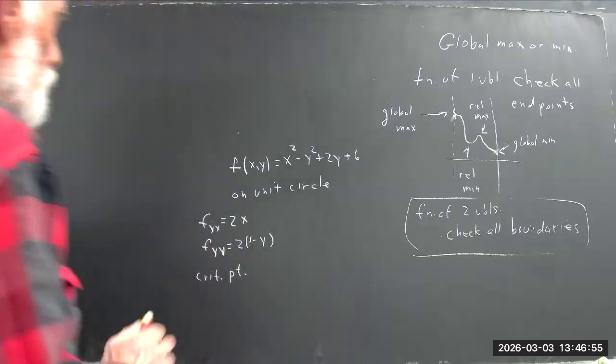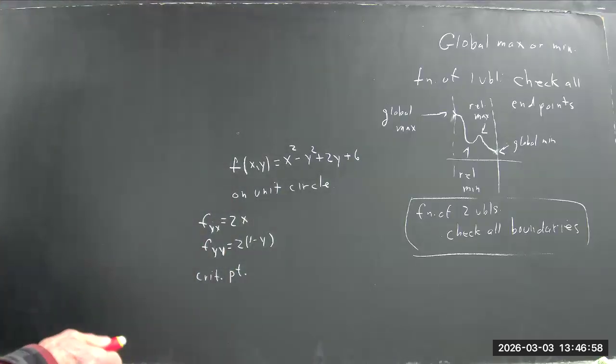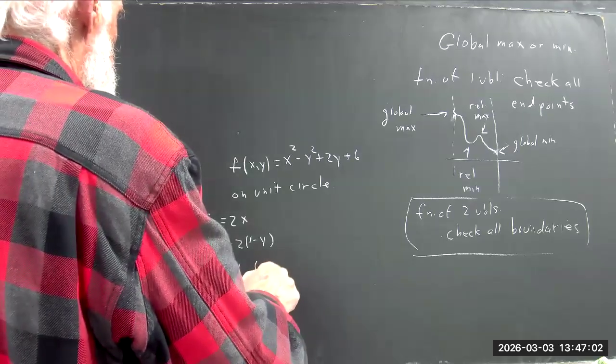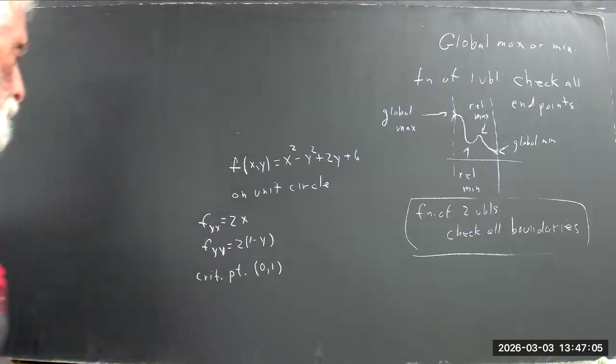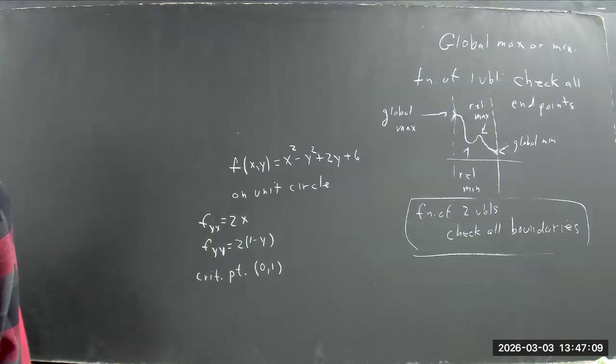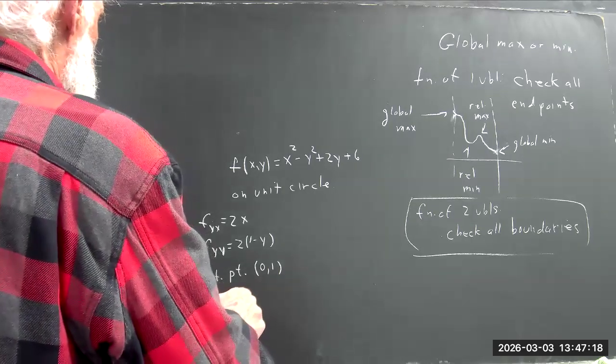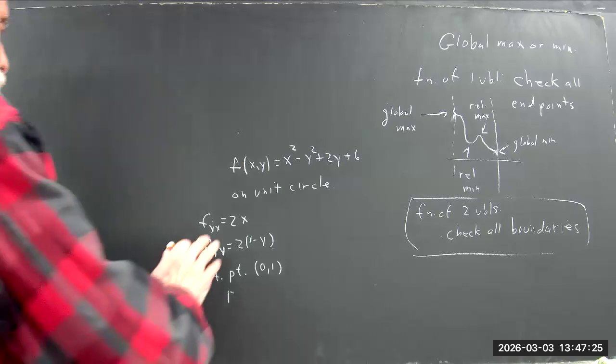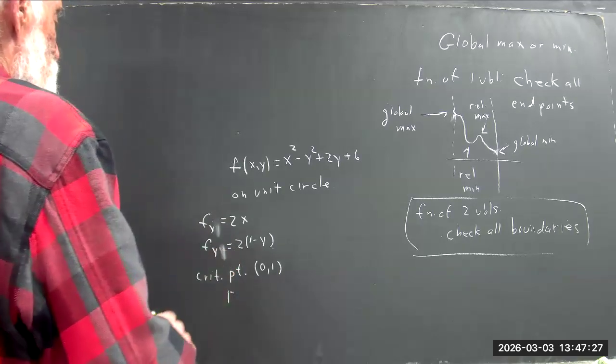You have a critical point when f_x and f_y are both 0, so x equals 0, y equals 1. You just set each of these equal to 0. Oh, wait a minute, stop. It's not f_xx, that's f_x. Okay.